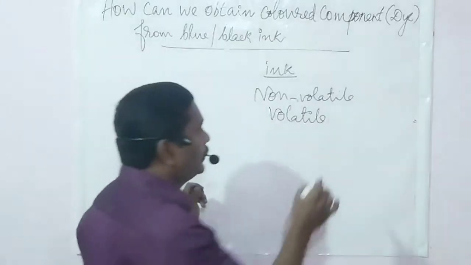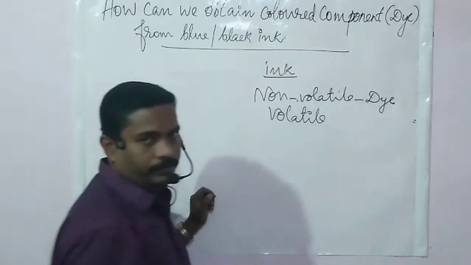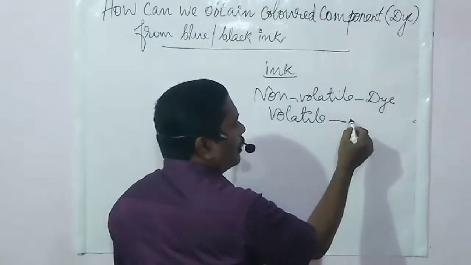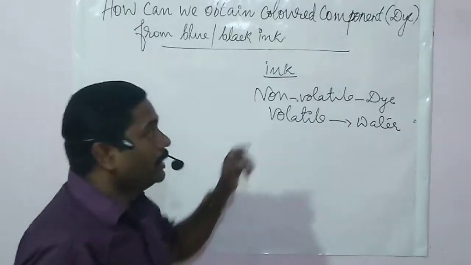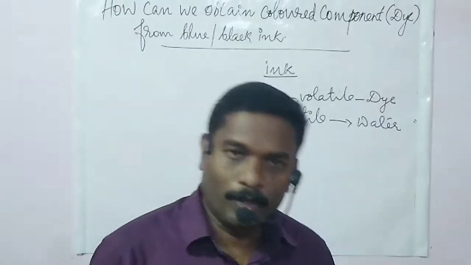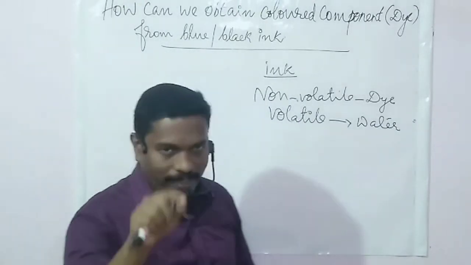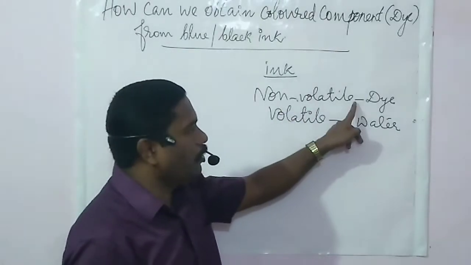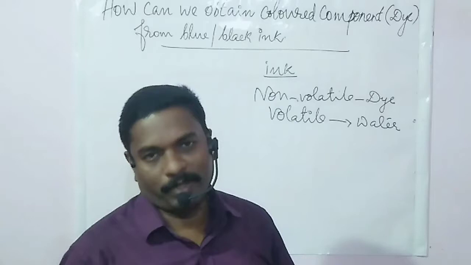So here, the non-volatile component is the dye, the colored component, and the volatile component is water. So here, ink is a mixture of dye in water, that is a non-volatile component in a volatile component.